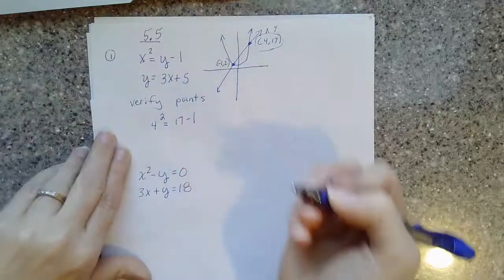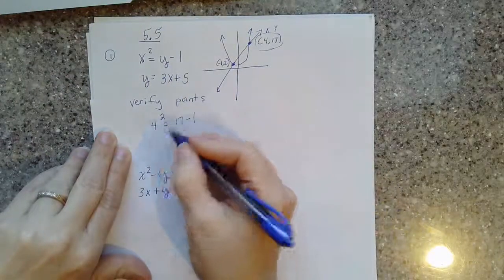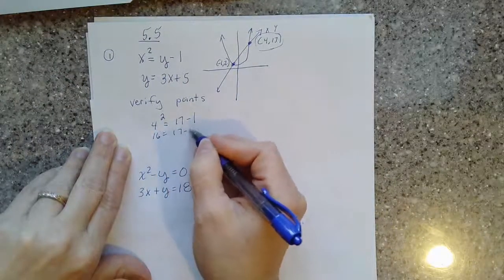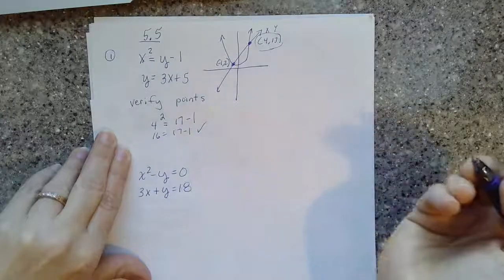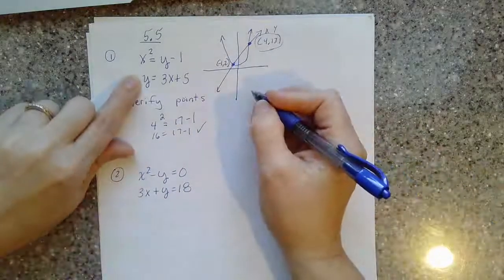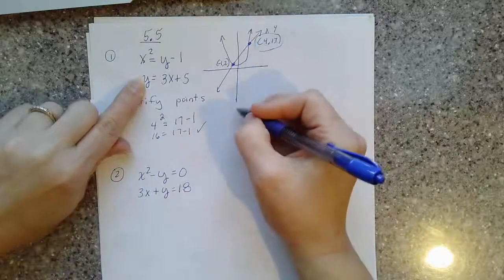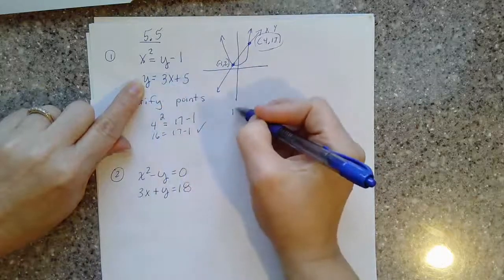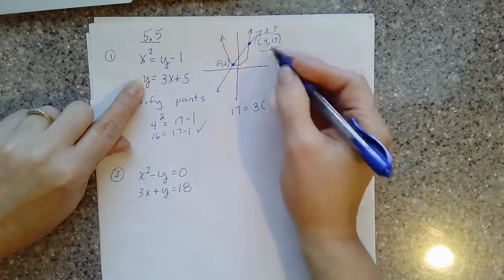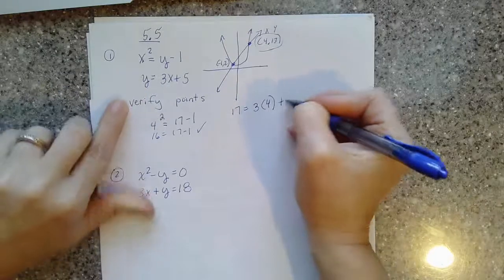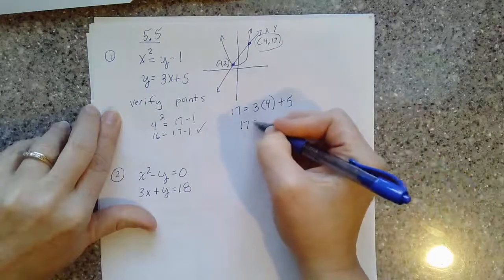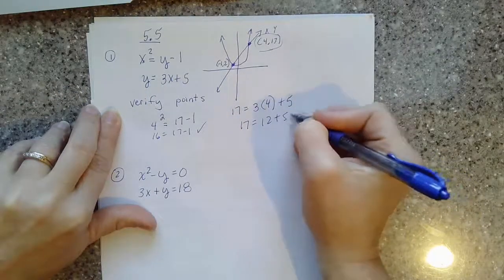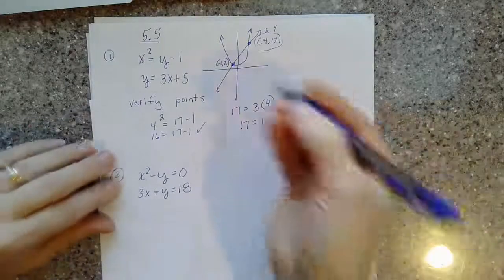That'd be 16 equals 17 minus 1, and yes, check, that works. Then we have to check it in the second equation, 4 and 17. So y, 17, equals 3 times the x value, 4, plus 5. Is 17 equal to 12 plus 5? It sure is.